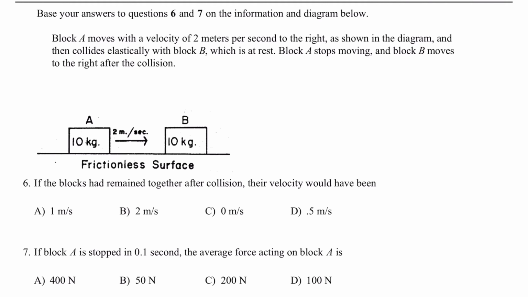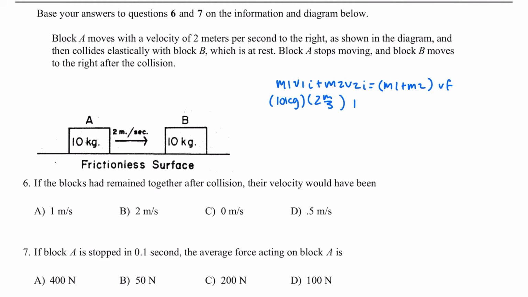So, once again, we are finding the final velocity of the blocks after they collide and stick together. So for this, we use the inelastic collision equation. So m1 v1i plus m2 v2i equals (m1 plus m2) times vf. So we just plug in. The first block is 10 kilograms and it's moving at 2 meters per second.